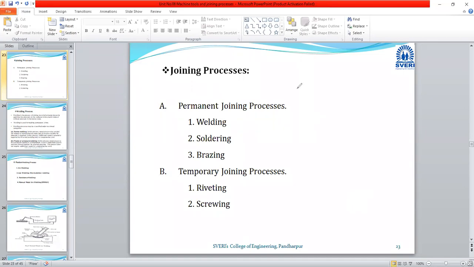Suppose this is one plate, and this one is another plate. Here one more metal plate.